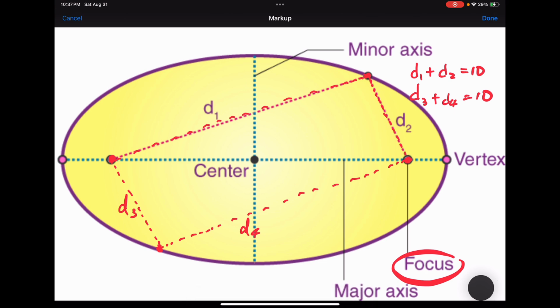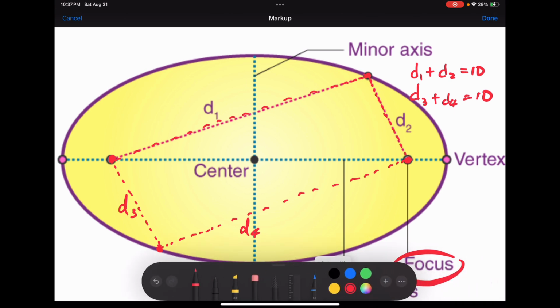Let's clean the ellipse. Okay, so we have 2 vertices of the ellipse. The 2 vertices are here.